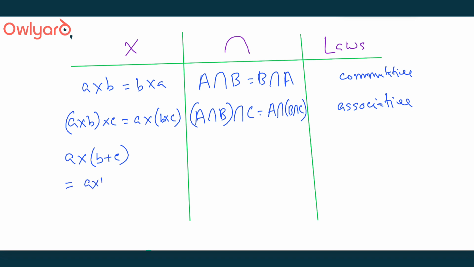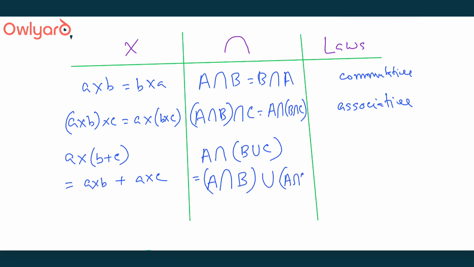So you can say A times B plus A times C. Similarly, in sets, you can check that A intersection B union C is the same as A intersection B union A intersection C. It distributes the same way as times and plus in arithmetic, and it is referred to as the distributive law. Okay, great.